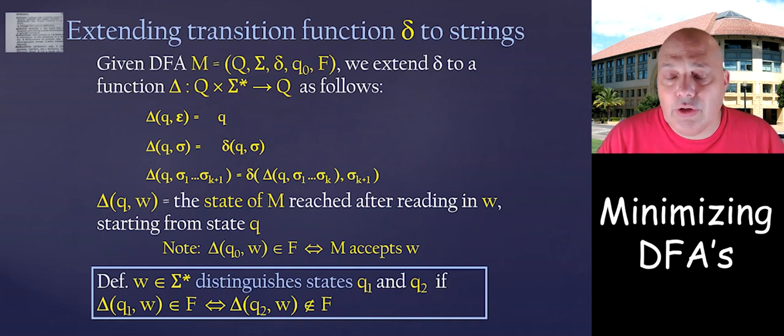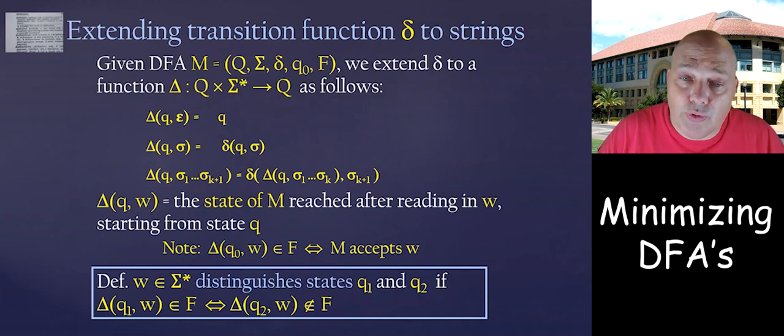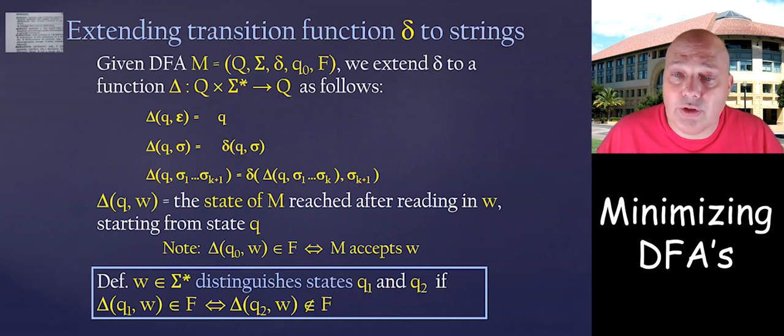In particular, Q1 and Q2 cannot be the same state, and in fact, they have different functions. You cannot allow yourself to forget. If I tell you that you're in Q1 or Q2, you are not allowed to forget which one you are, because if the next string you're going to read is W, then you won't know if you're supposed to accept or reject. So W distinguishes the states Q1 and Q2.